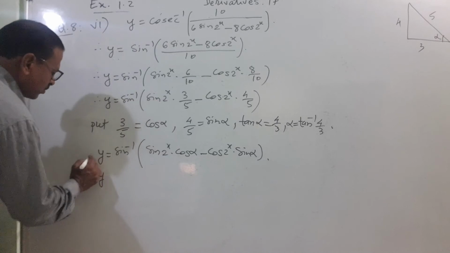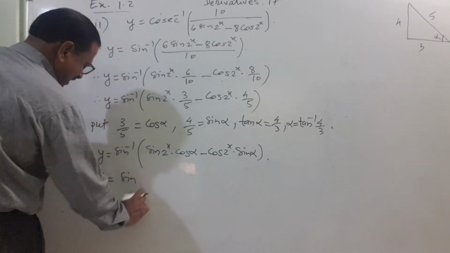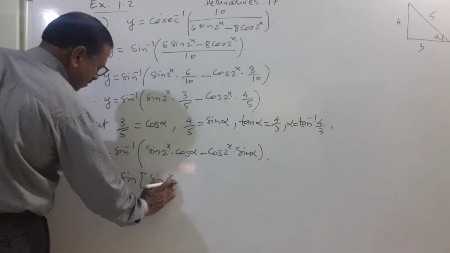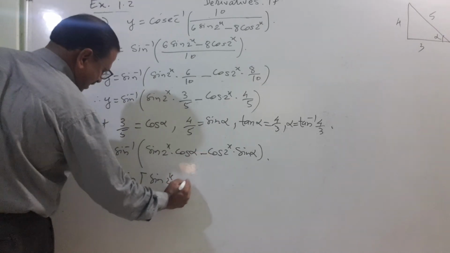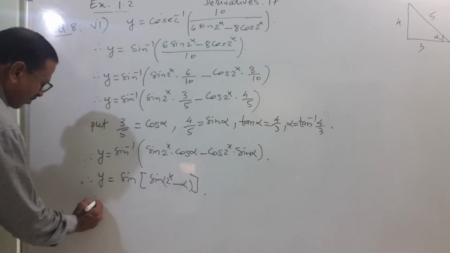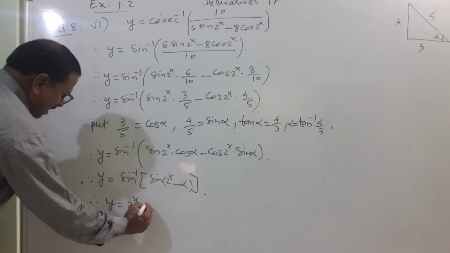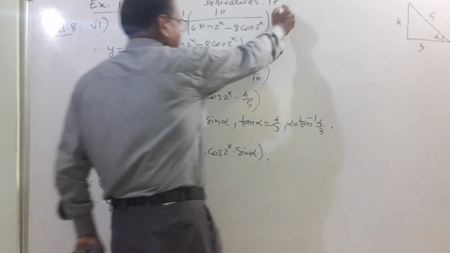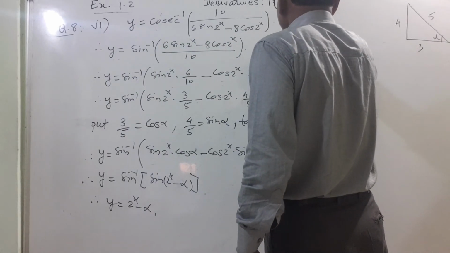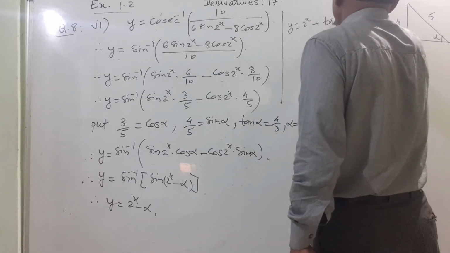Therefore y is equal to sine inverse of, this is the expansion of sine of 2 raised to x minus alpha, because here it is minus. And now sine inverse sine cut. Therefore y is equal to 2 raised to x minus alpha. Now y is equal to 2 raised to x minus alpha, which means tan inverse of 4 upon 3.